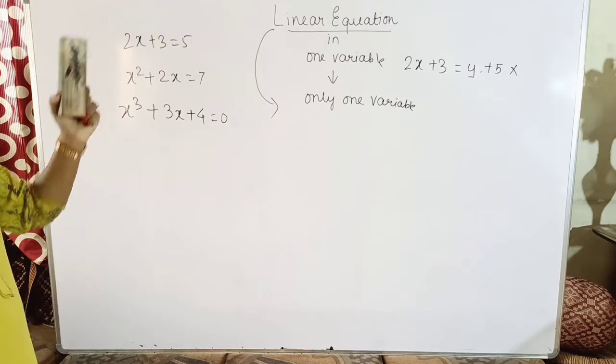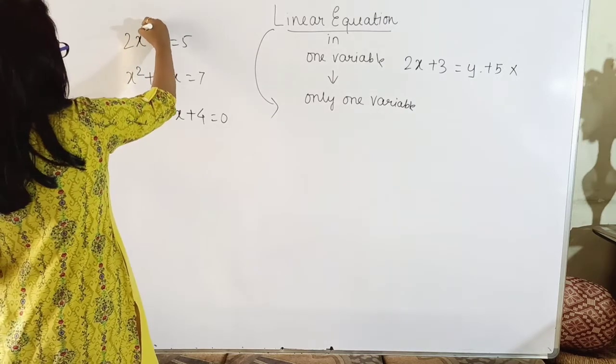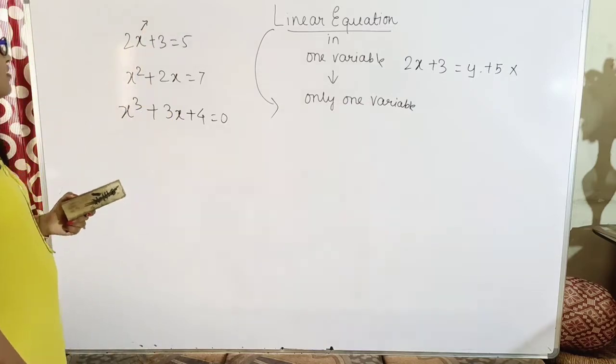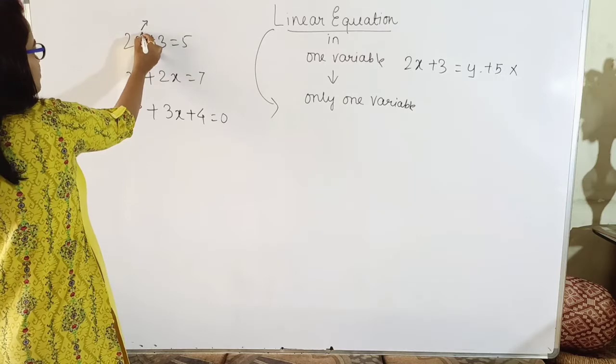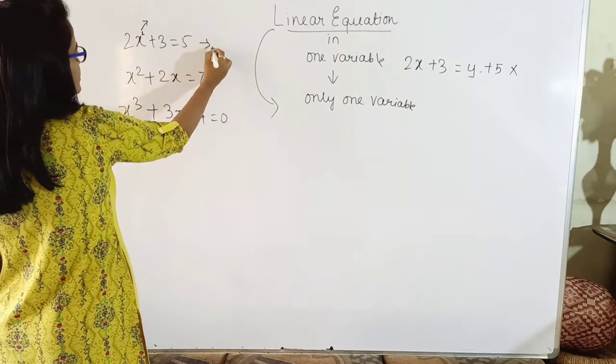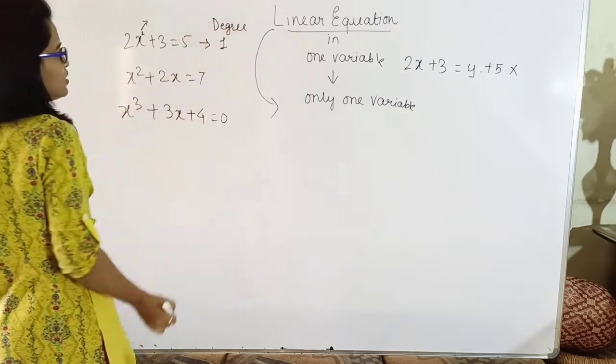But is it a linear equation? So as I can see, what is the power of x in this equation? Yes, the power of x when nothing is written is 1.